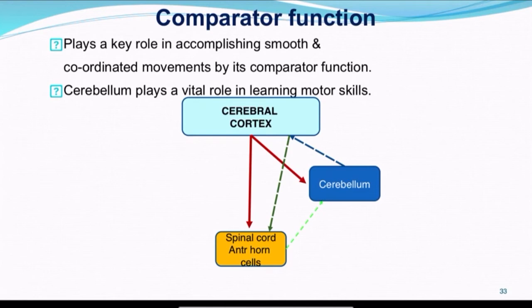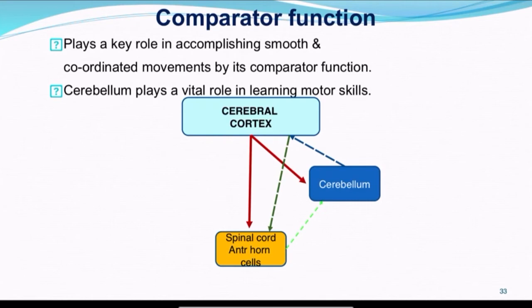With training, a person can develop highly skilled and rapid movements. The cerebellum thus plays an important role in learning motor skills. That is how it has a comparator function, which is not there for any of the other structures in the brain. Thus the cerebellum has a very wonderful and different kind of function known as comparator function.